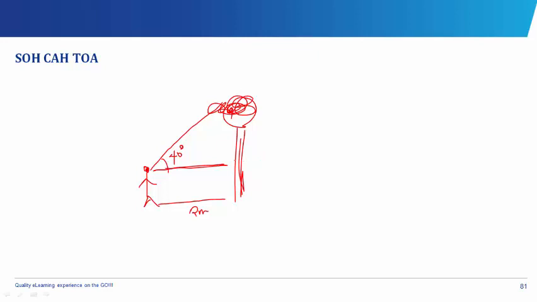Calculate the height of the tree. Okay, so how do you find the height of the tree? So to find the height of the tree, you have the angle 40 degrees, and we have 12 meters. Sorry, let me draw this very well.